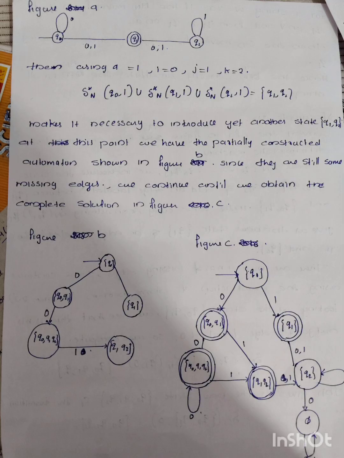At this point, we have partially constructed the automaton shown in figure B. Since there are still some missing edges, we continue until we obtain the complete solution in figure C. Figure B and figure C.